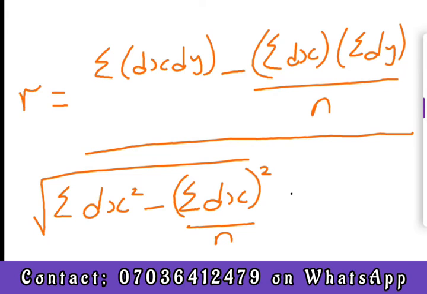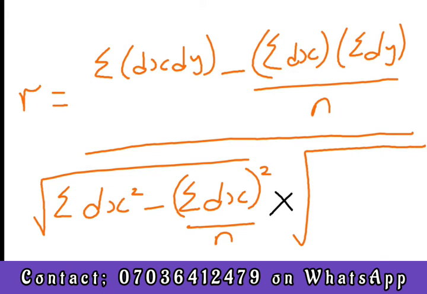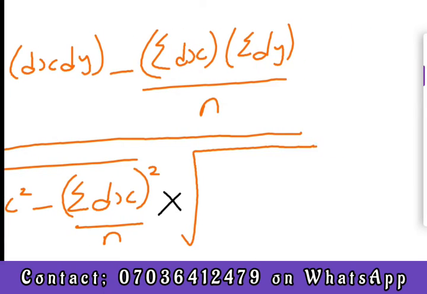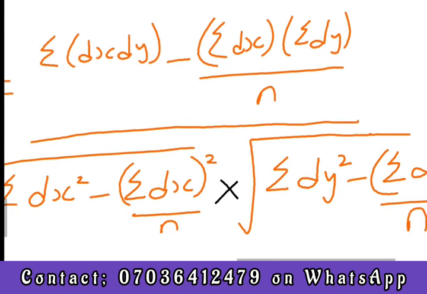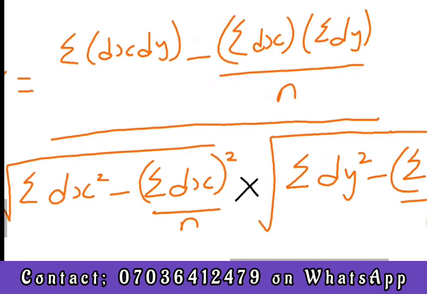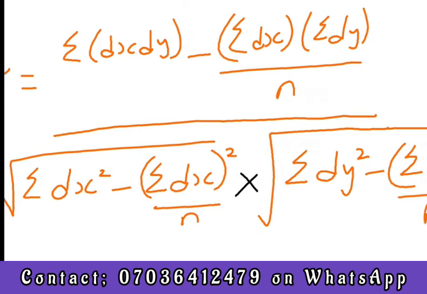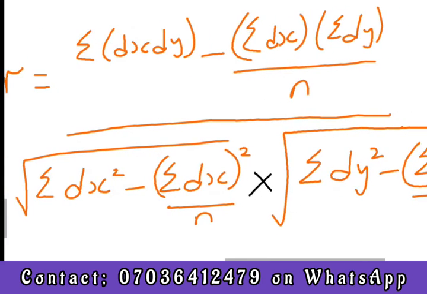Then this is multiplied by square root of summation dy squared minus summation dy all squared over n. So this is the formula which is used to find out the coefficient of correlation using the Karl Pearson's mathematical model.